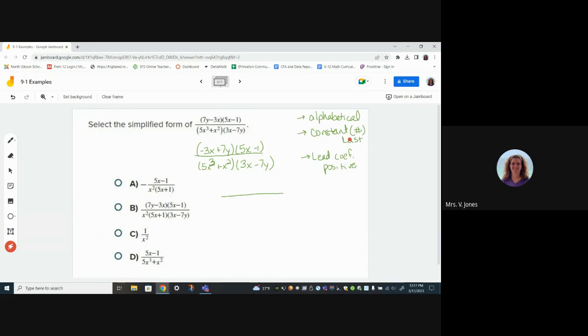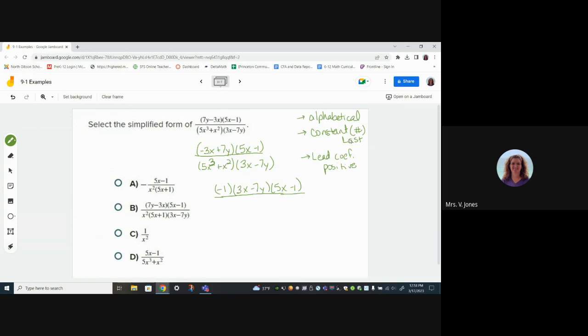So when you're looking at this lead term, its coefficient, its number out front is a negative, and we don't want that. To get away from that, we can factor out a -1. So we're really dividing each term by -1, and when you do that, it changes the signs. So the 3x becomes a positive, and the 7y becomes a negative. And that's part of the factoring. We just don't like to have the lead coefficient negative.